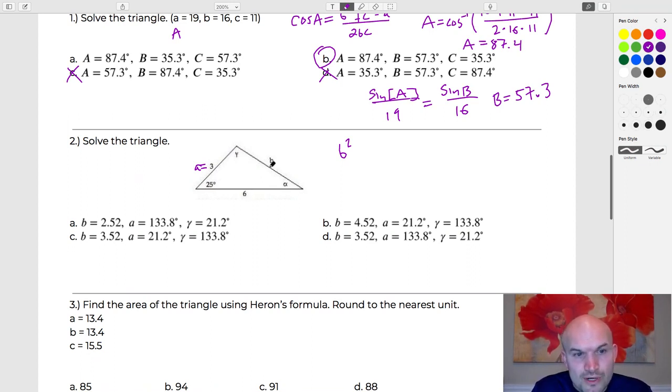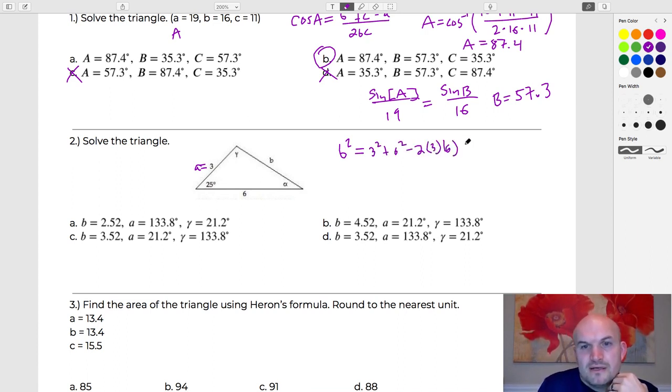But then this is your B. So what we can do here is figure out what B squared is. B squared is going to be the two side lengths, 3 squared plus 6 squared minus 2 times 3 times 6 times the cosine of 25 degrees.